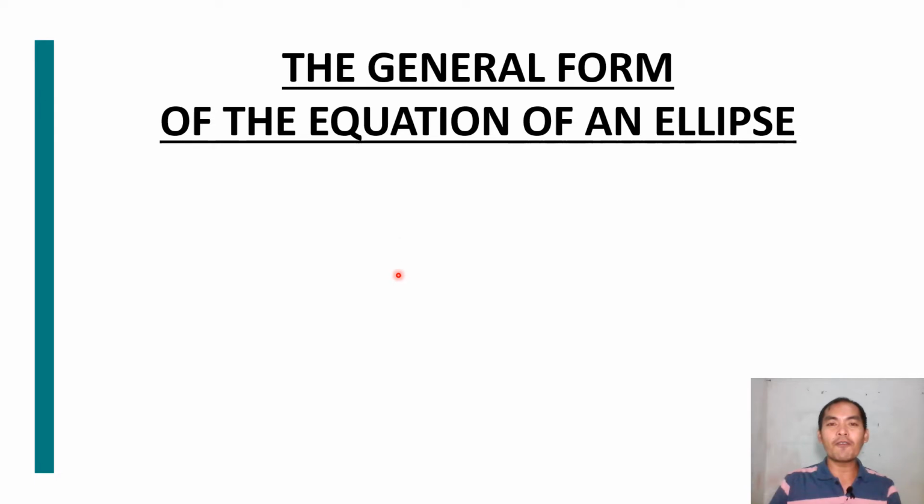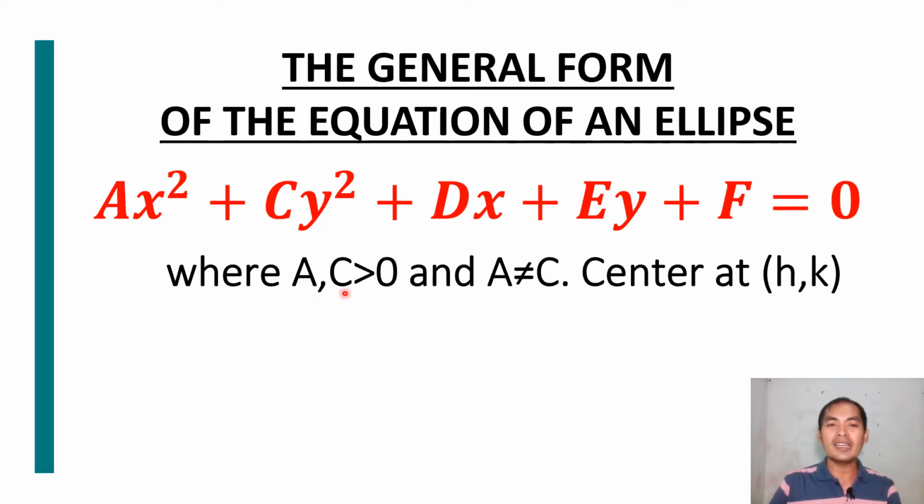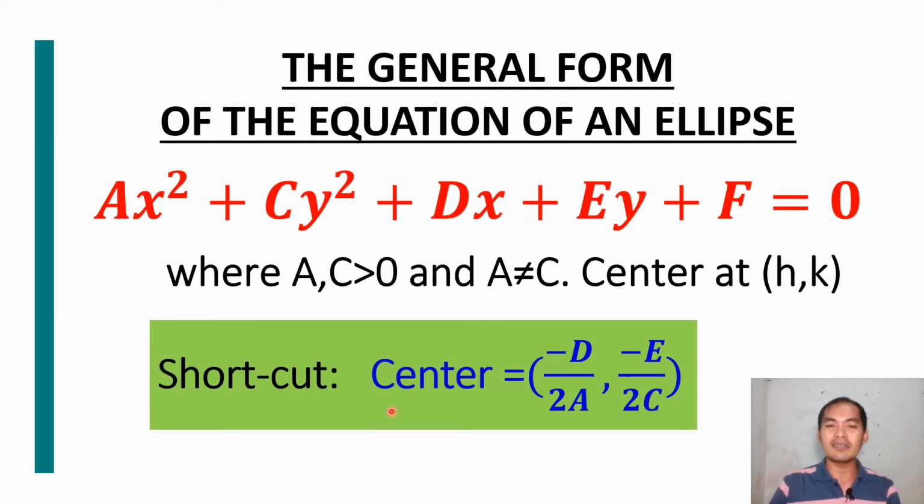The general form of the equation of an ellipse is ax squared plus cy squared plus dx plus ey plus f equals 0, where a, c is greater than 0 and a is not equal to c, where the center is also at hk. Take note that there is a shortcut to get for the center.